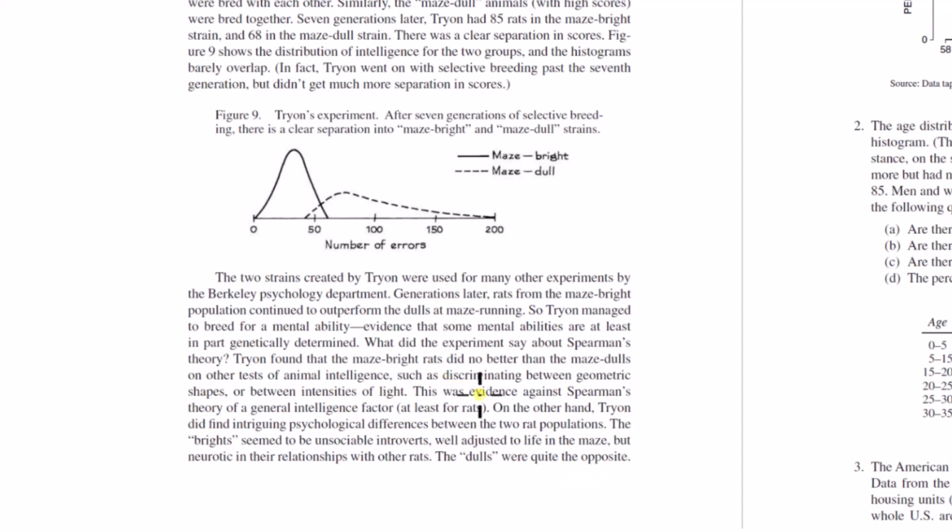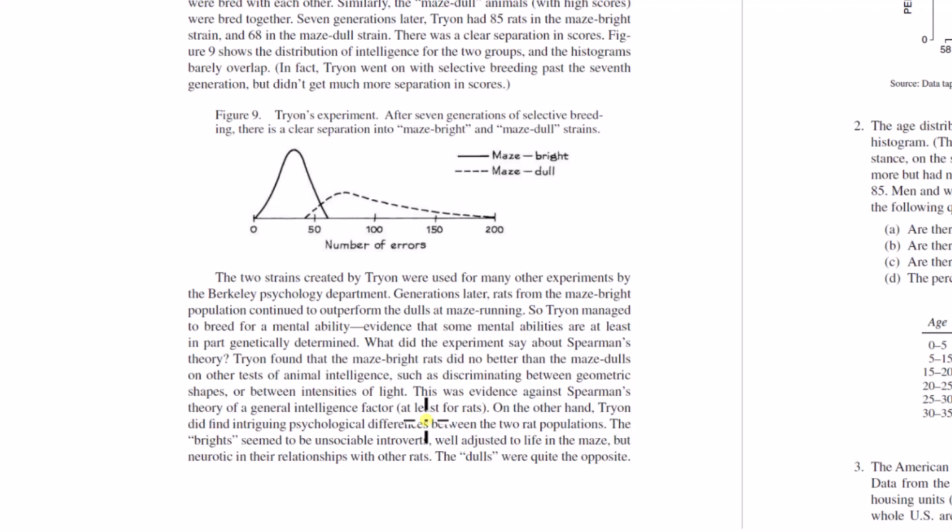Well, okay, this conclusion here, that it's saying this was evidence against Spearman's theory of a general intelligence factor, I'm not sure I would agree with that, because at the start of the experiment, you didn't make any kind of control for general intelligence versus non-general intelligence.